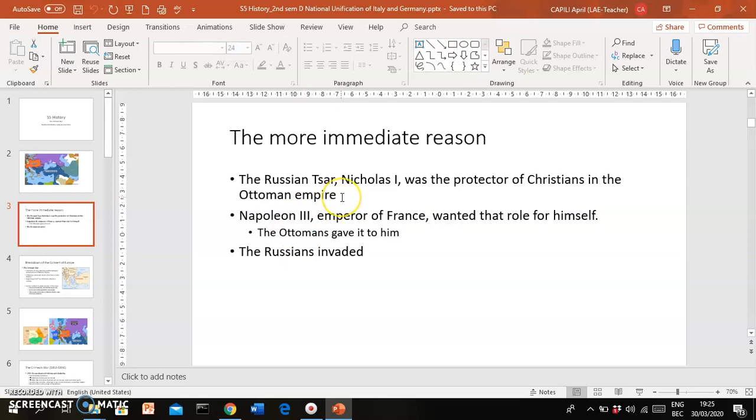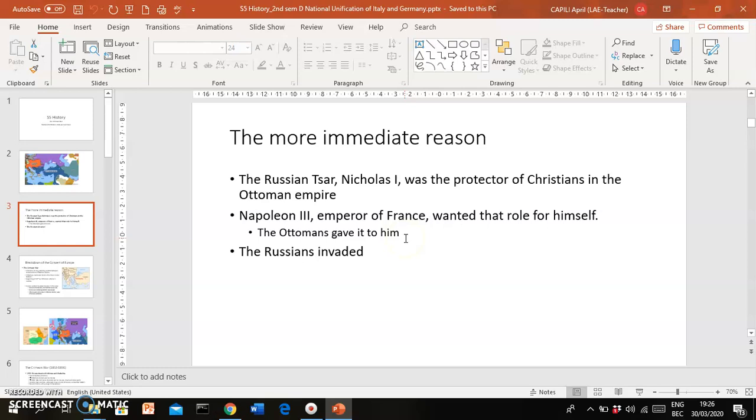Traditionally, it had been the Russian Tsar or the emperor who had this title and role, the protector of those Christians who lived in the territories of the Ottoman Empire. Now, at this point, if you remember, Louis Napoleon, or as he styled himself, the second emperor, Napoleon III, the emperor of the Second French Empire, wanted that role for himself, the role of the protector of Christians in the Ottoman Empire.